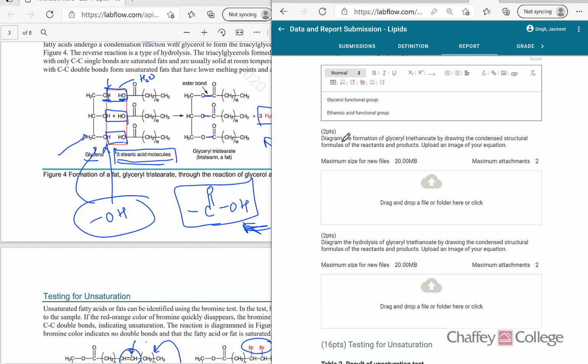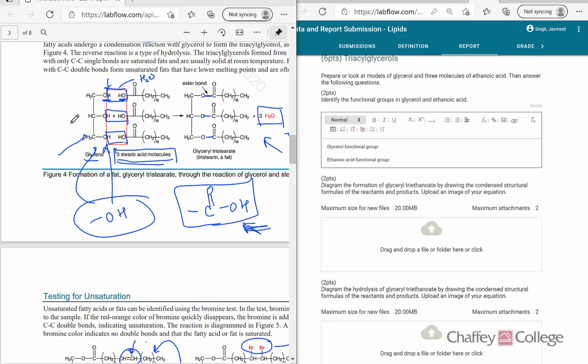Then in the next section you have to write down the reaction between glycerol and ethanoic acid to produce the products. The reaction is similar to this reaction. Let me erase.